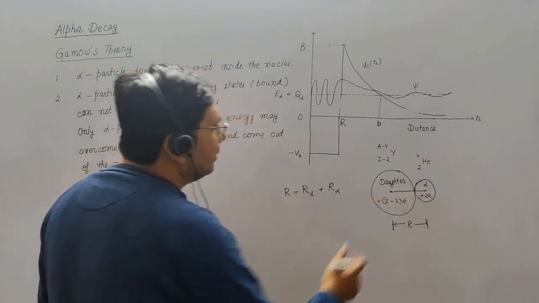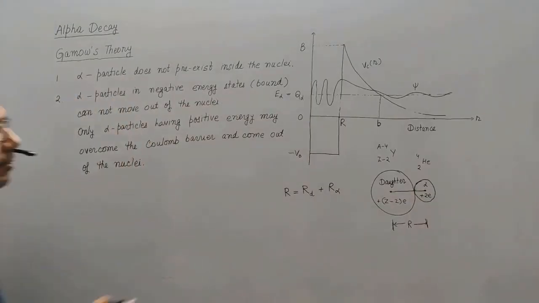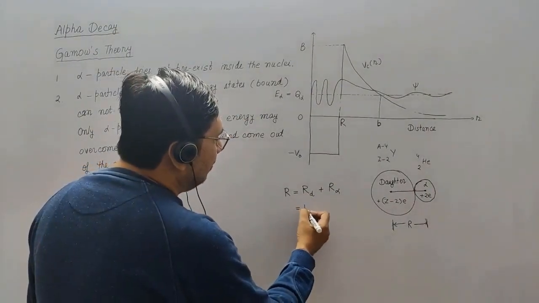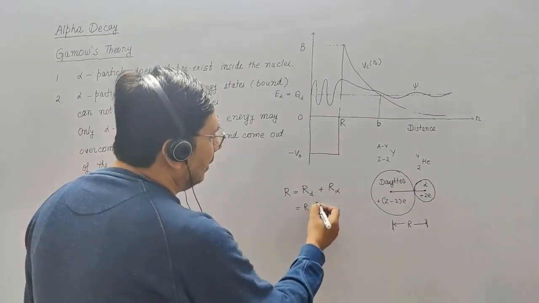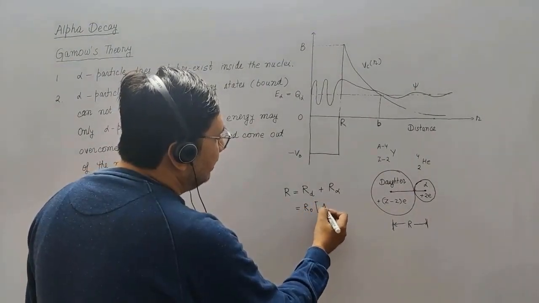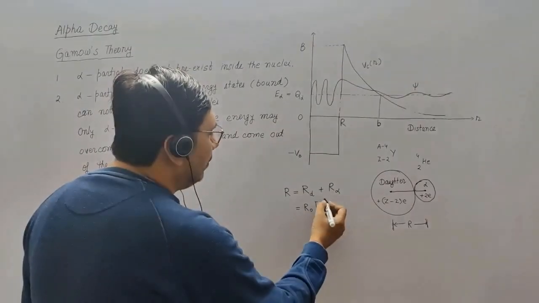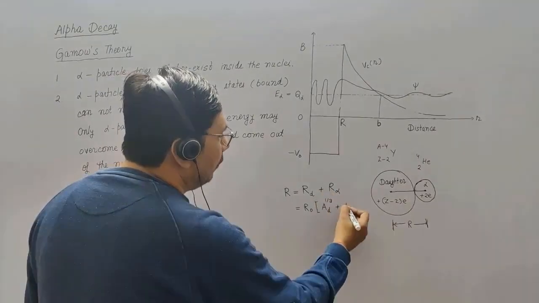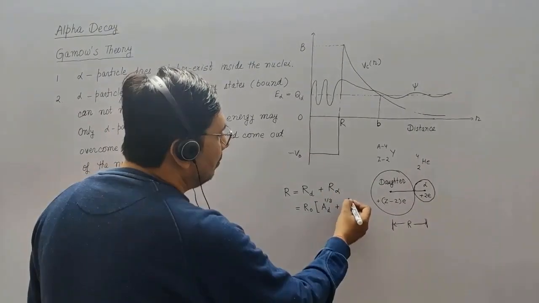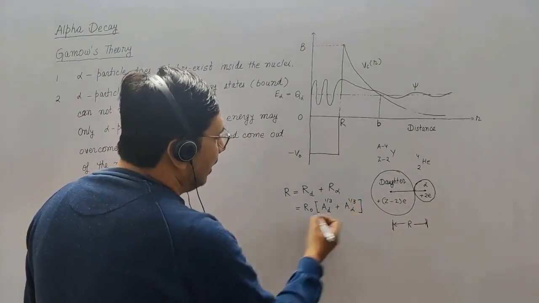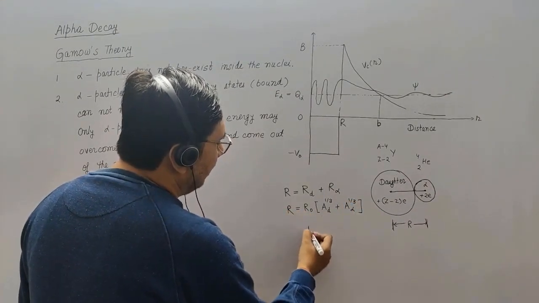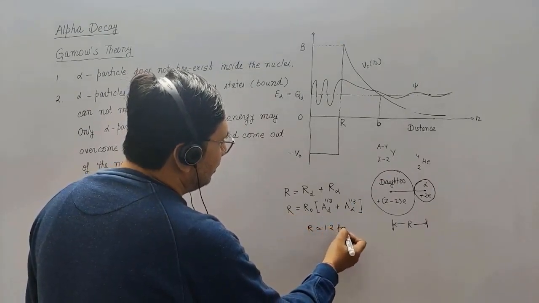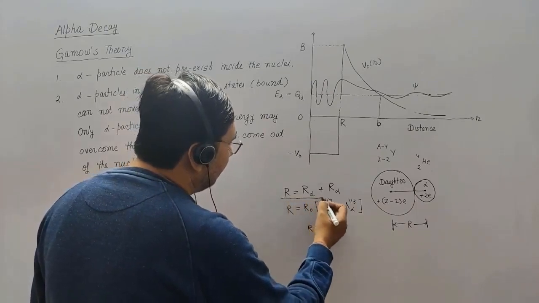So R naught into A D to the power 1 by 3 plus A alpha to the power 1 by 3, where A D is the mass number for the deuteron nuclei and A alpha is the mass number for the alpha particle. R naught is a constant, and R naught is nearly equal to 1.2 Fermi. We have already discussed these things. So this is the expression of R.